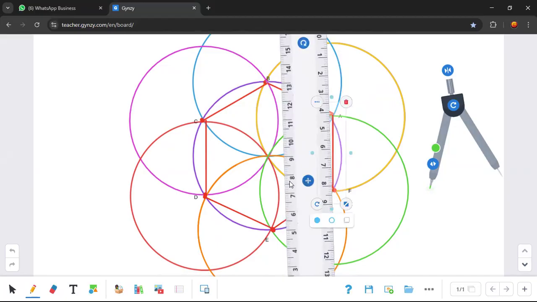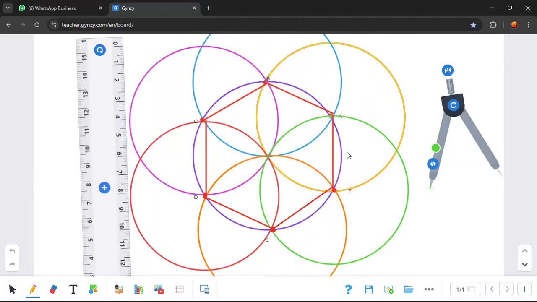So this is it. What is this shape A, B, C, D, E, F? What is this red shape? Can anyone say? It is a hexagon. And it is a hexagon, something like this.